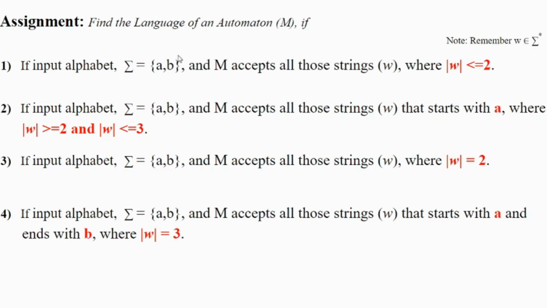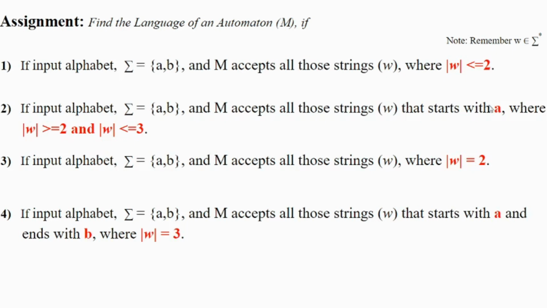So what is different here? The first difference is that in these questions, the input alphabet given is A and B, in place of 0 and 1, and the conditions are more or less the same. So in this case, the automaton will accept all those strings whose length is less than or equal to 2.